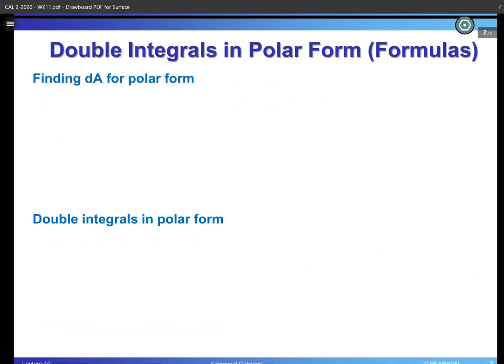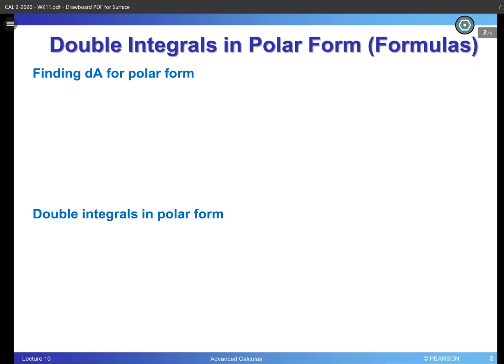So on this slide we are going to find out about this dA. Okay, so our main goal is this, and this is going to be the area of the small piece. We want to find the area of that piece. But first of all, let's start with something simple. So let's start right here. We have the y and x axis, and we are going to have a circle on this graph.